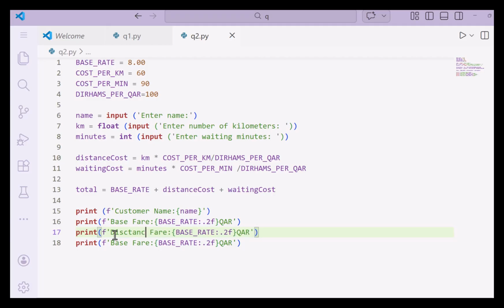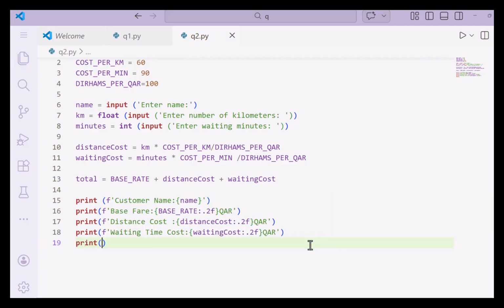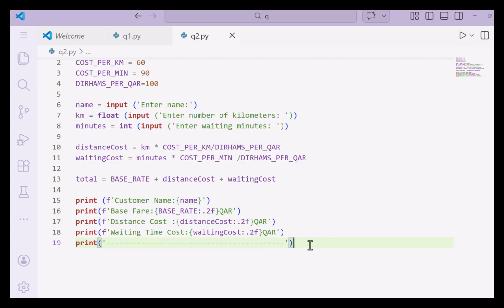Distance cost is equal to distance cost here, and waiting time cost is equal to waiting cost, and finally print. I think in the example there is like a line like this, which is not a big deal.